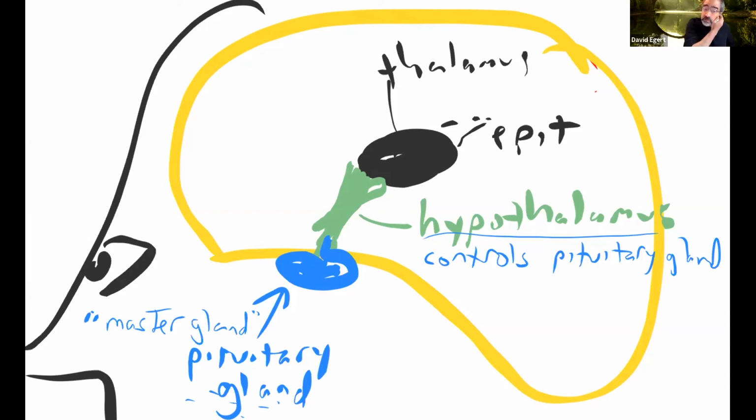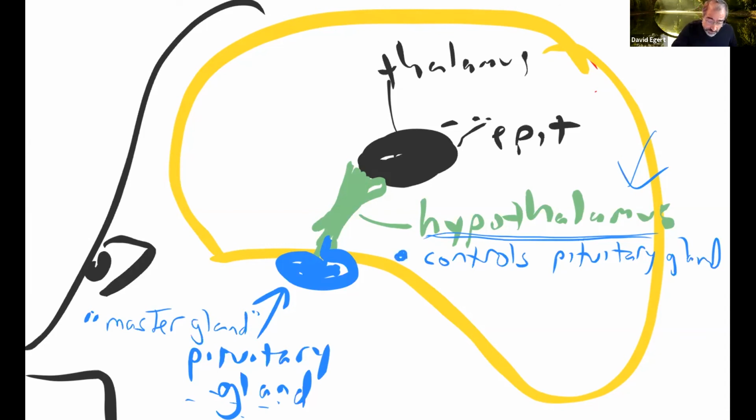So when we think about the endocrine system, the hypothalamus is the way that your nervous system is pulling the strings and has this very, very direct, intimate control over your endocrine system.